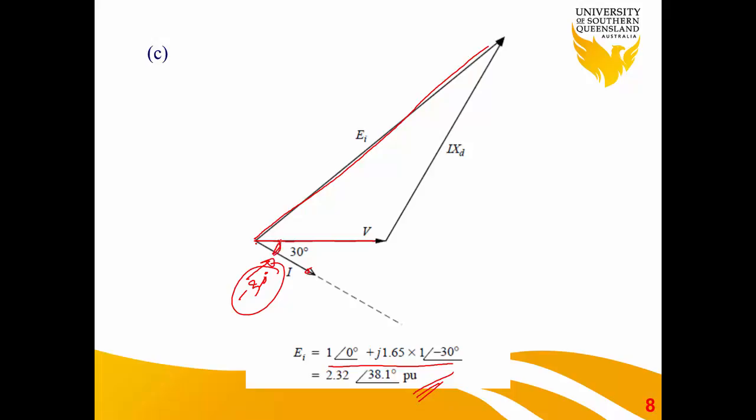Yes. And then your XD is coming, and then the resultant EI. So this one is the same as before, V plus j XD I. Is it difficult to draw the phasor for this one?